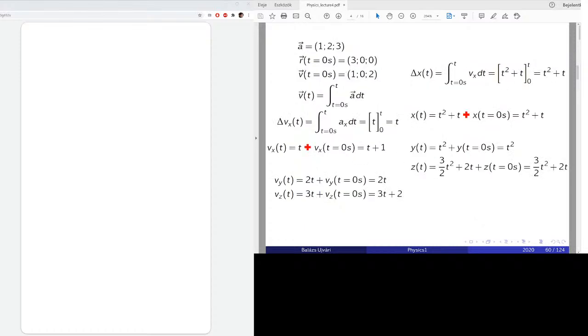So let's say the acceleration is 1, 2, 3, and we know at t equals 0 we are at 3, 0, 0, and the velocity at t equals 0 is 1, 0, 2. How can we do that?